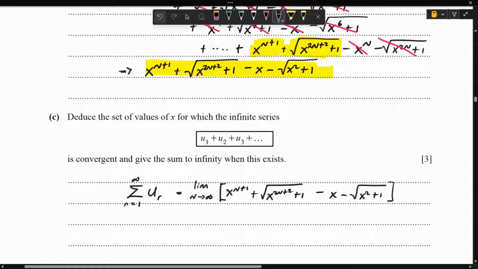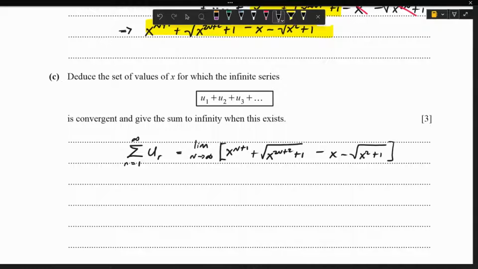Now to answer the first question, where they say we should deduce the set of values of x for which the series is convergent. For this series to be convergent, it has to approach a finite value. For it to approach a finite value, we have to consider a set of values of x that will make terms of the form x to the power n plus 1 become zero.